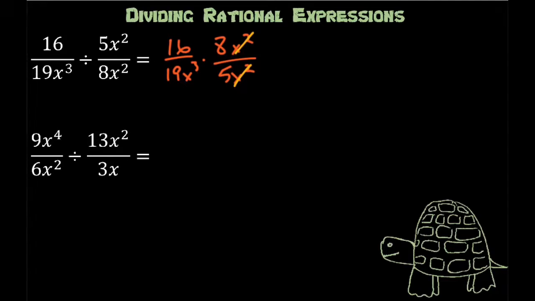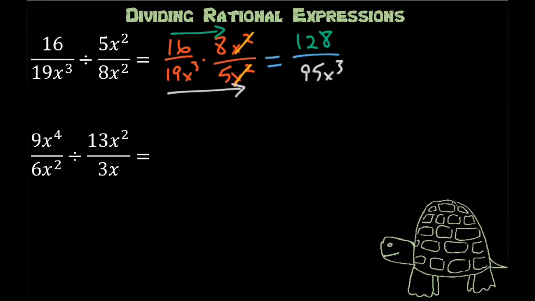Those are going to make a 1, and we can get rid of that right away. And that's all I'm going to do right now. 8 times 16, that's going to equal 128 over 19x cubed times 5 is going to be 95x cubed. And that fraction appears to me to be written in lowest terms.